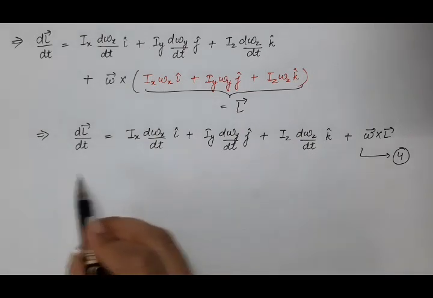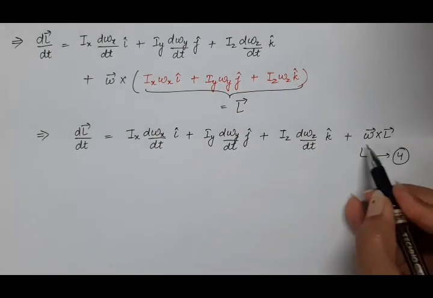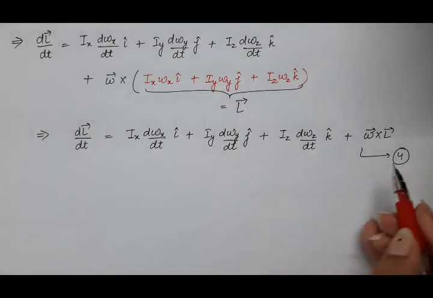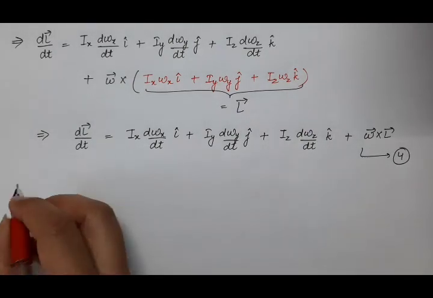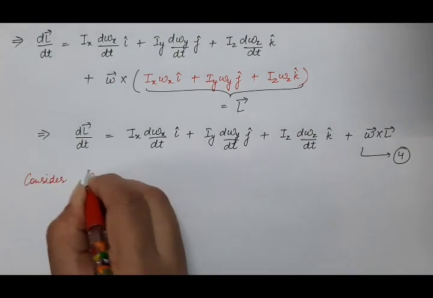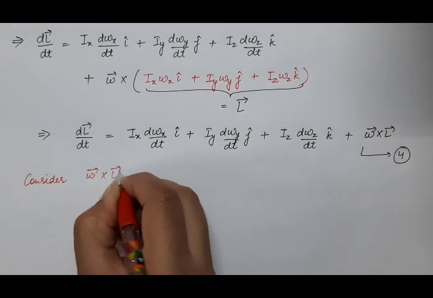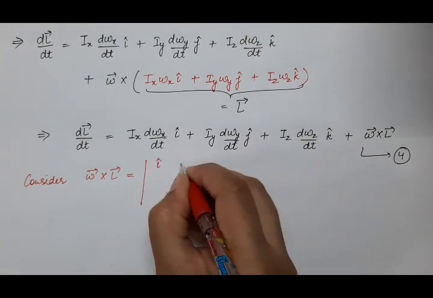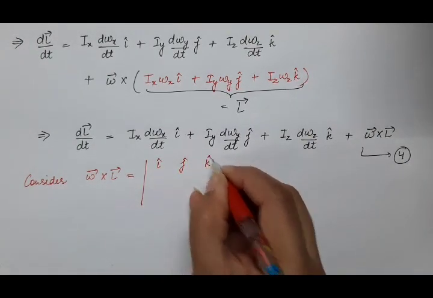and so on. So we have this equation, and now we will solve this omega vector cross L vector, and suppose this equation is equation 4. Now consider omega vector cross L vector. Find this cross product. It will be i cap j cap k cap.